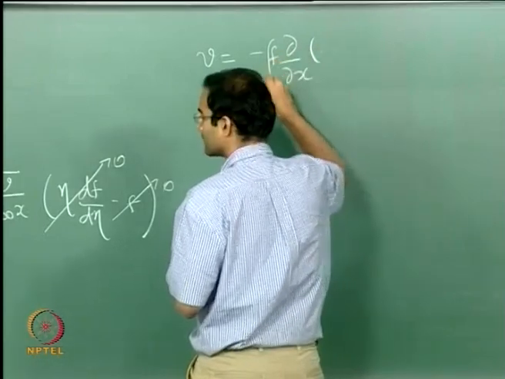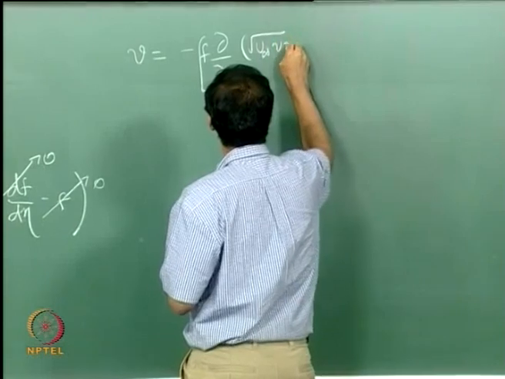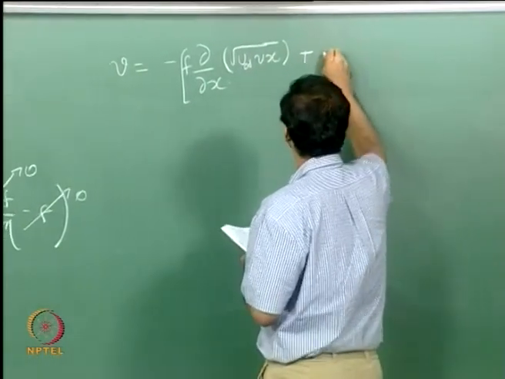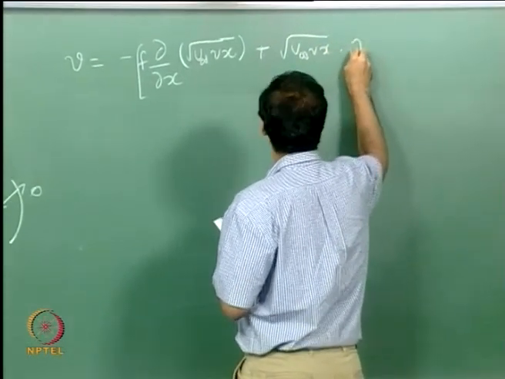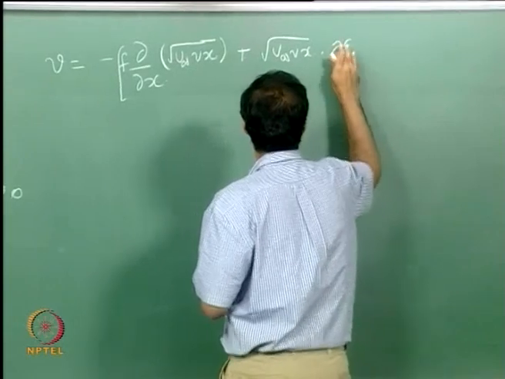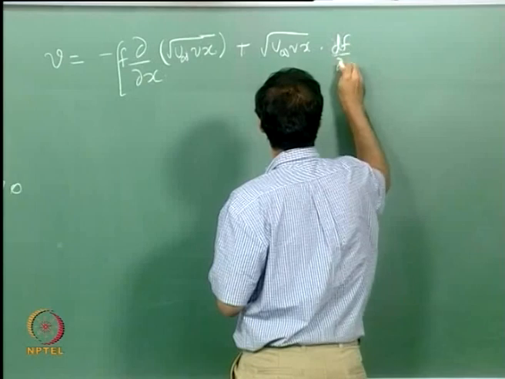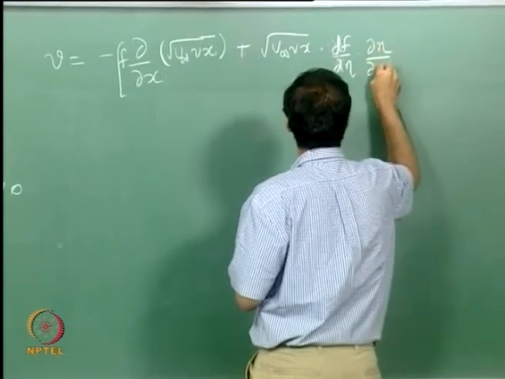minus d by dx of, we can take f out, differentiate, plus you have square root of u infinity nu x into df by d eta. In fact, this will be a total derivative, df by d eta into d eta by dx.